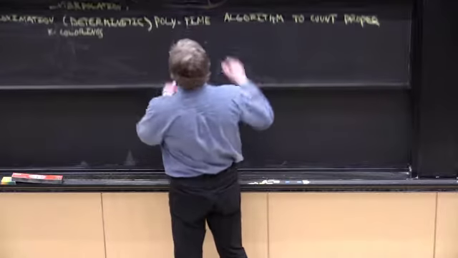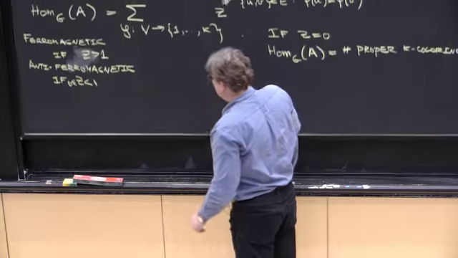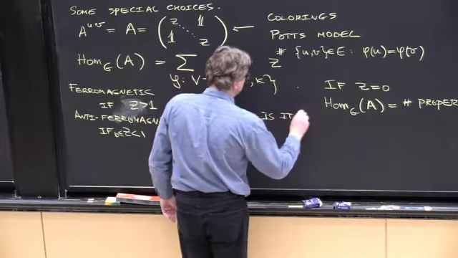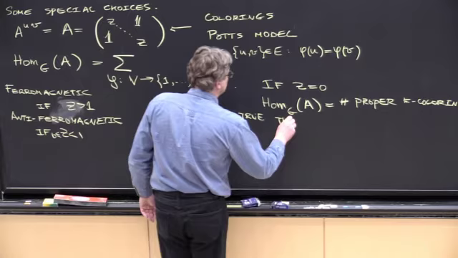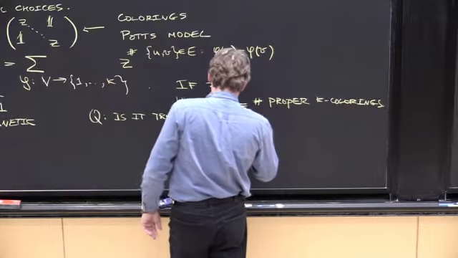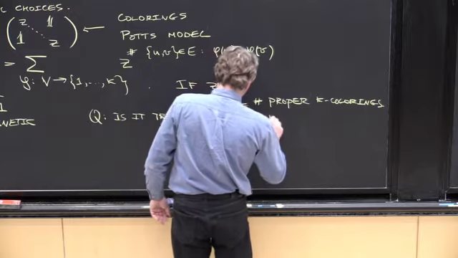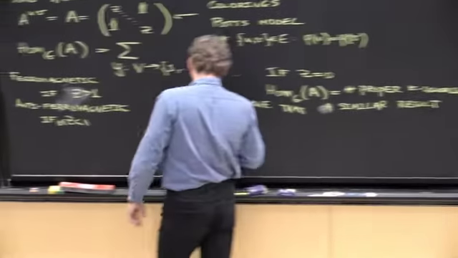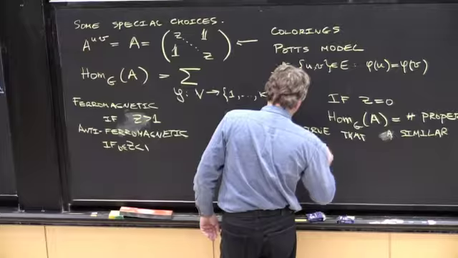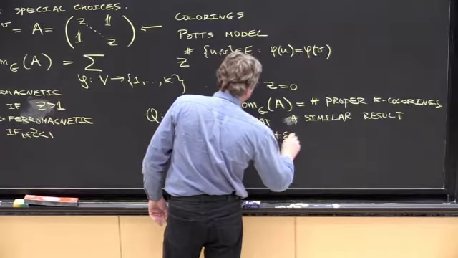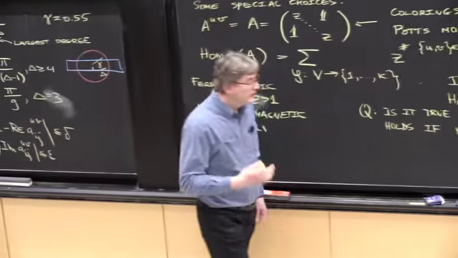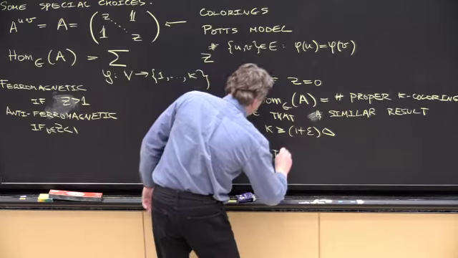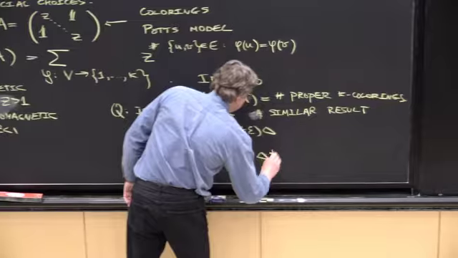So the question: is it true that a similar result holds if k is greater than or equal to 1 plus epsilon times delta, for arbitrarily small epsilon, or even if k is at least delta plus 1?